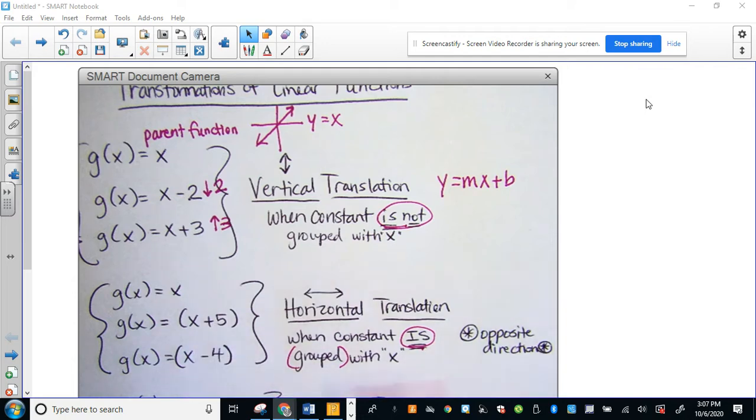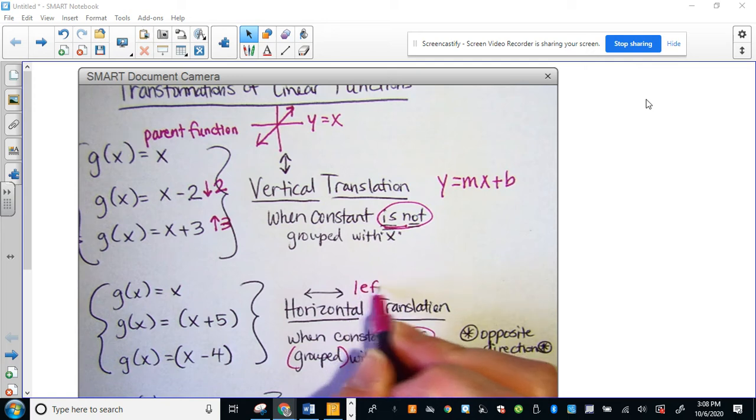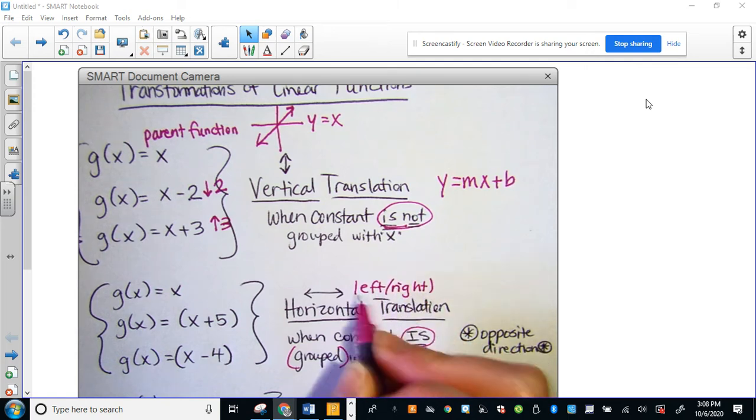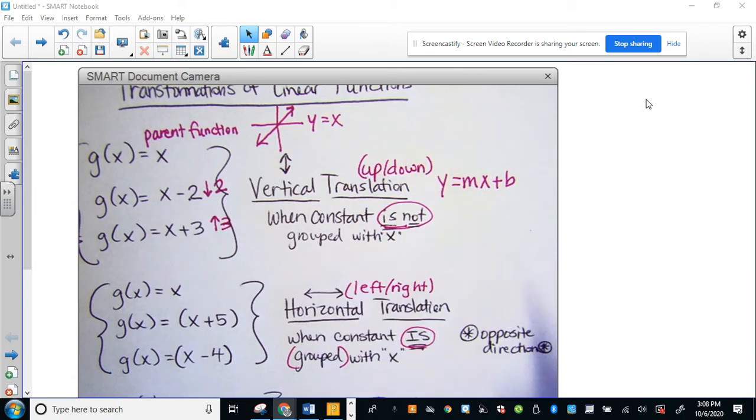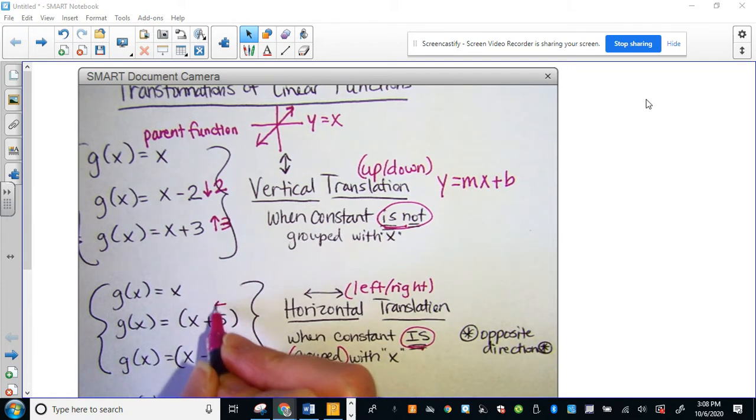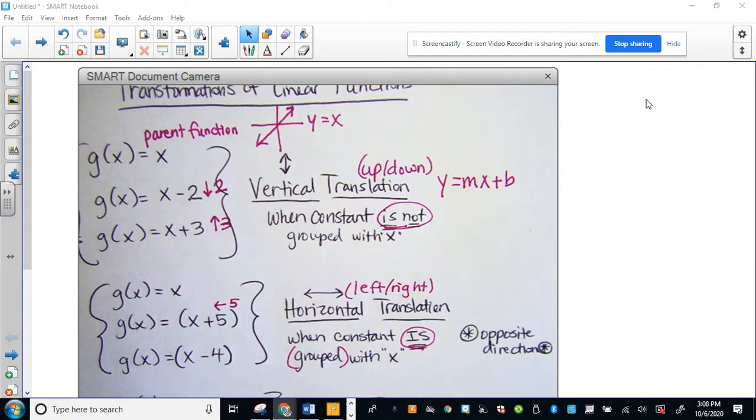When that happens, you have a horizontal change, meaning it moves left or right. This one is up or down. You would think +5 would be right, but since it's in parentheses, it's actually the opposite. So this one moves left 5 places, and this -4 moves right 4 places. So it's the opposite direction.